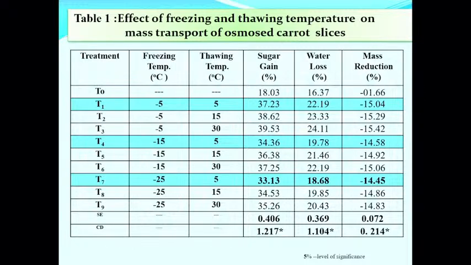When we vary the freezing temperature from -5 to -25 degrees, we see a decrease in the sugar gain as well as the water loss, because at the lower freezing temperatures, -5 and -15 degrees, there is higher damage compared to -25 degrees, which leads to less resistance to mass flow. Hence the highest solid gain and water loss is recorded for treatment T7, that is, -25 freezing temperature and 5 thawing temperature.